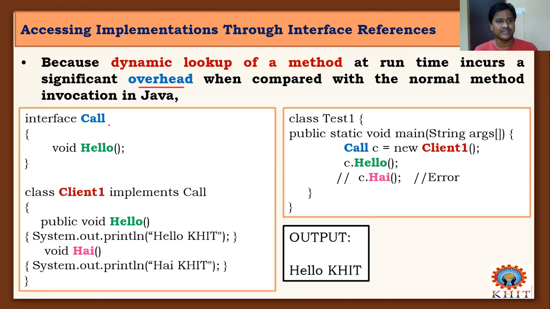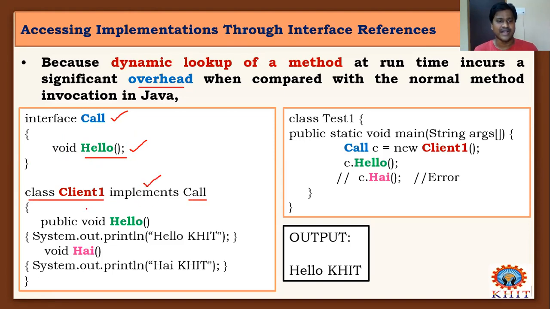So here I have an interface called Call. Call is an interface defined in this program, and a method called hello is defined in the interface. It is an abstract method, with no body implementation given by this interface. Then this class Client1 implements the Call interface using the implements keyword.